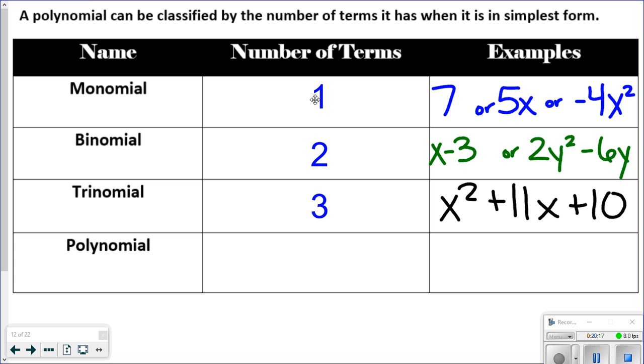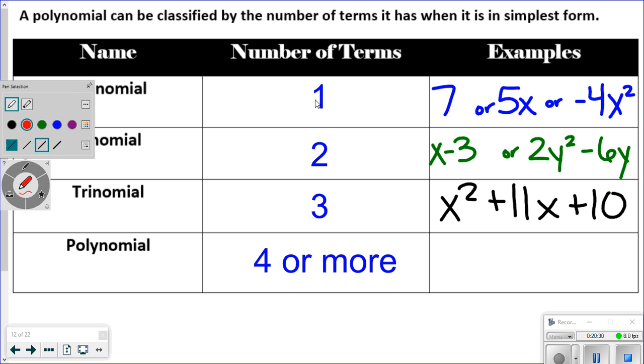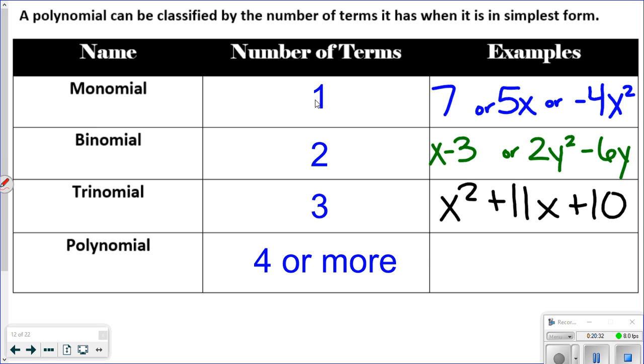And then after that, we don't have any specific names. So a polynomial is just 4 or more. If I give you an example of that, let's do 9x to the 4th power plus 2x cubed minus x squared plus 5x minus 4.